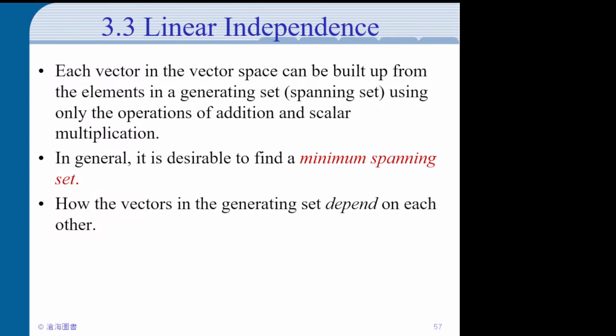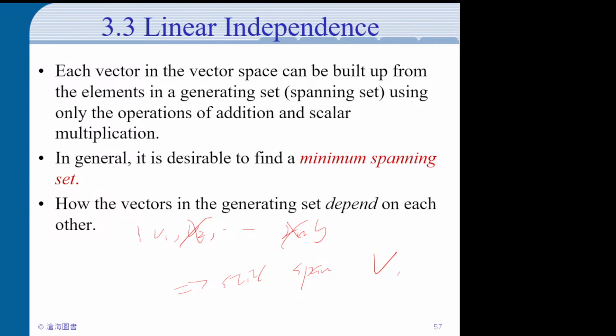So we have v1, v2 to vn, and maybe we want to get rid of vn, and get rid of that one, and still span V. So how many of those vectors can we get rid of and still span the whole space V?